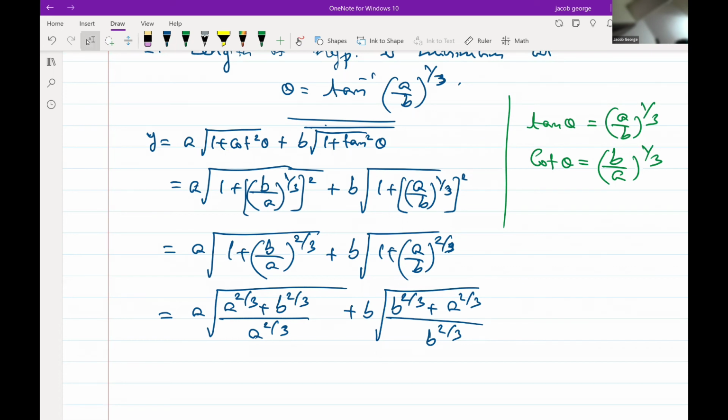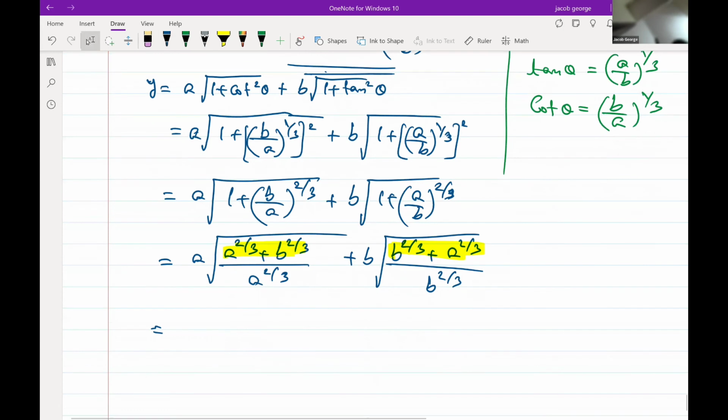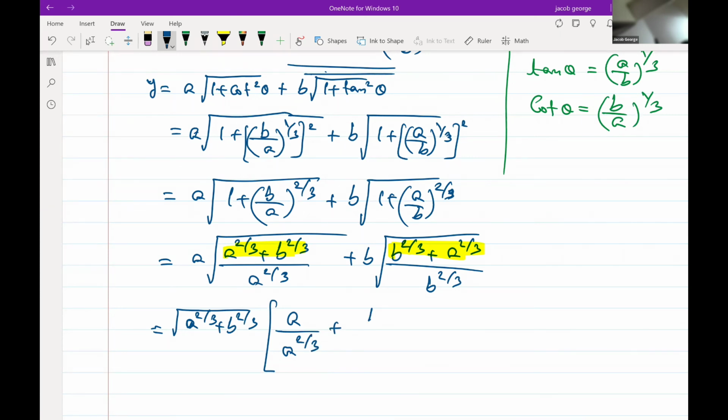So we can take this as a common factor outside. Under the root, a raised to 2 by 3 plus b raised to 2 by 3 is a common factor. Then within 2-3 steps, you will get the answer. So this will be root of (a raised to 2 by 3 plus b raised to 2 by 3) into (a by a raised to 2 by 3 plus b by b raised to 2 by 3).